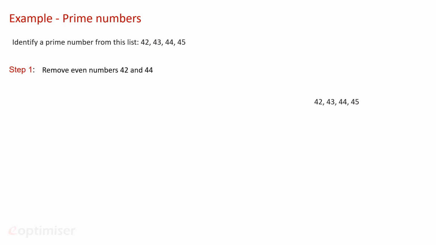But 2 can only be divided by 1 and 2. So 2 is the prime number. Therefore you can eliminate any even numbers other than 2. So 42 and 44 go away from the list.